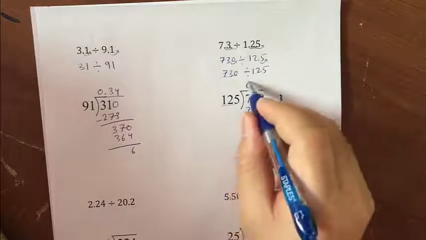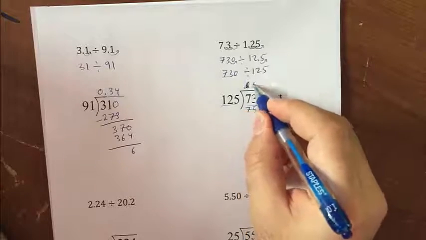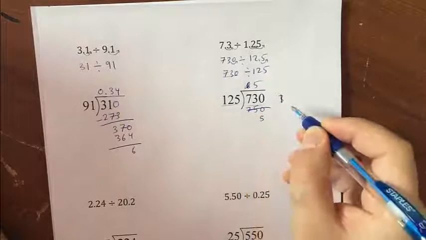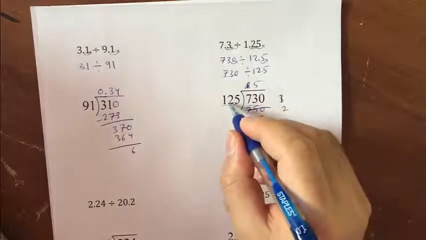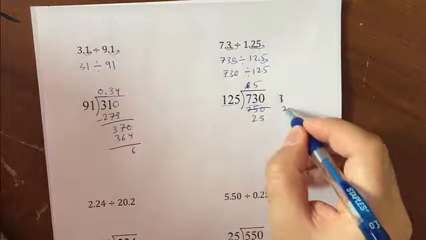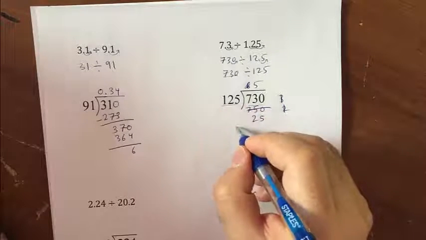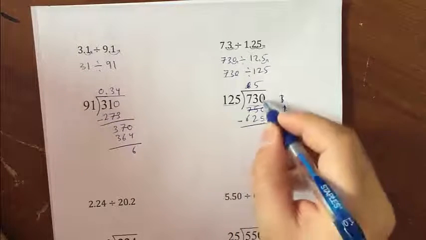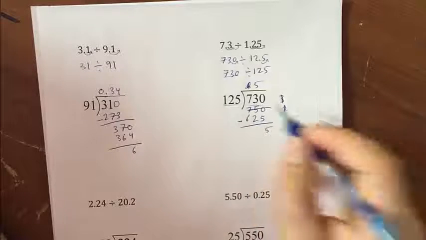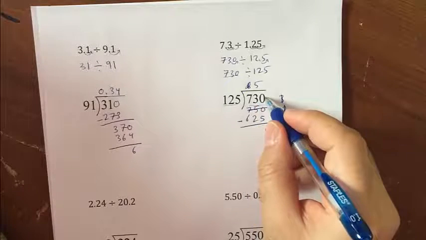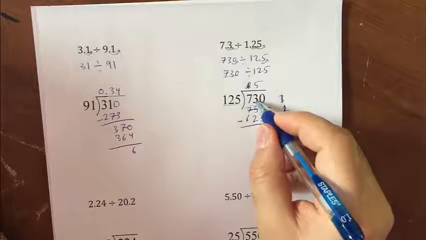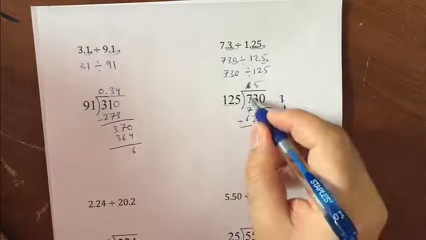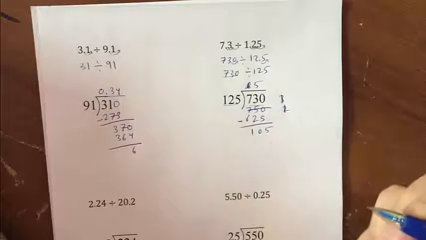So this doesn't work, maybe we should use 5 then. 5 times 5 is 25, carry over 2, 5 times 2 is 10, 10 plus 2 is 12, carry over 1, 5 times 1 is 5, 5 plus 1 is 6. Now we subtract, 10 minus 5 is 5, we borrowed 1 from 3, so now 2 is left, 2 minus 2 is 0, 7 minus 6 is 1.